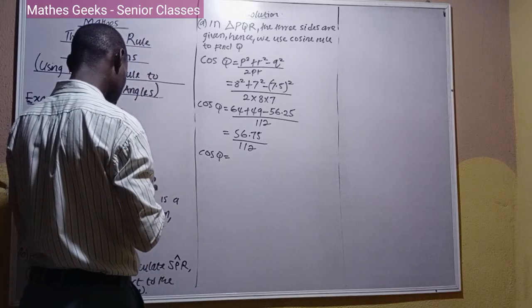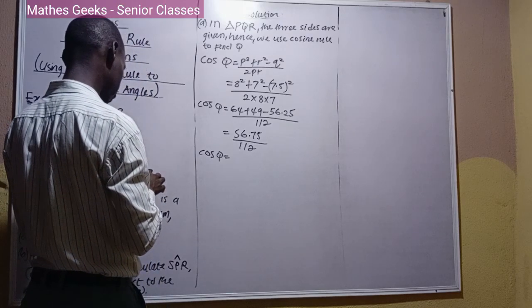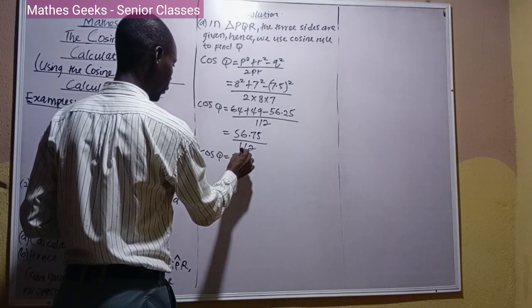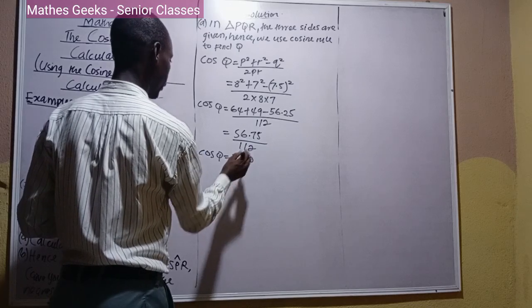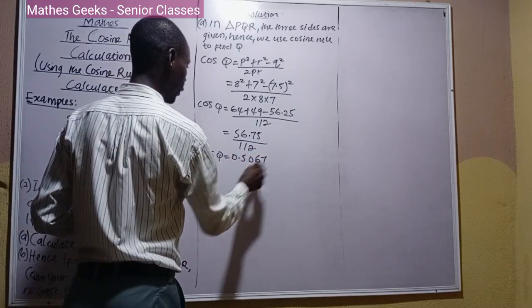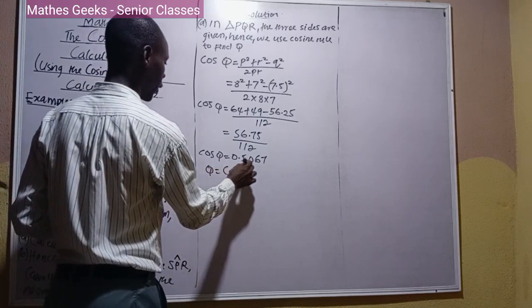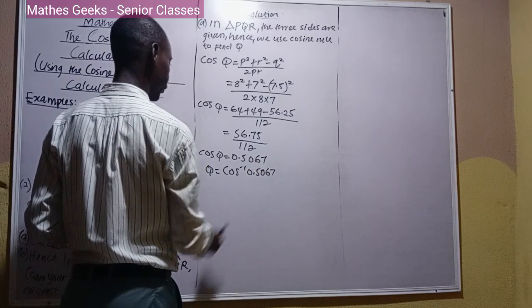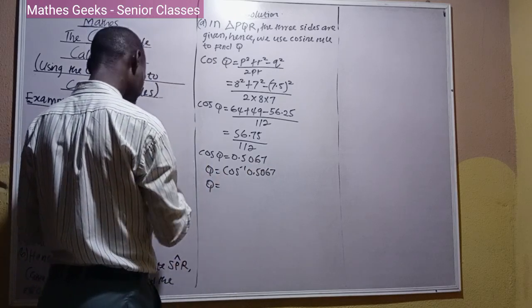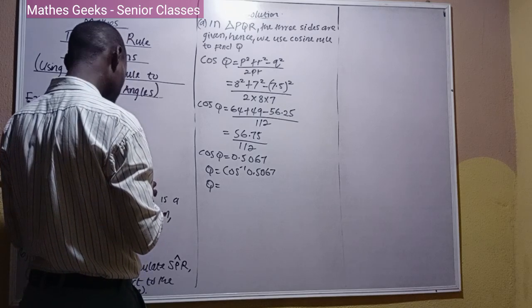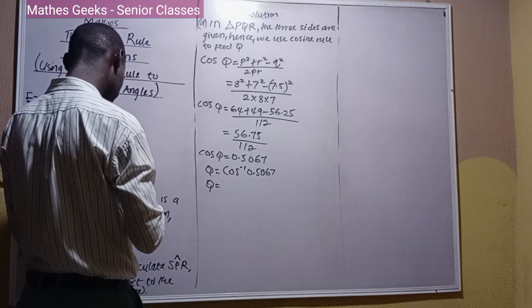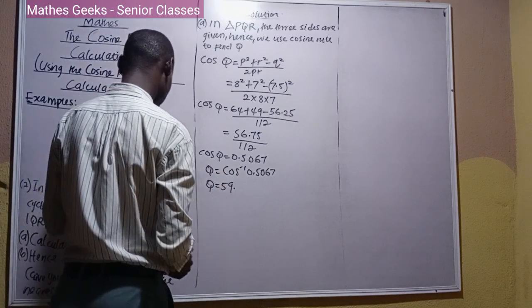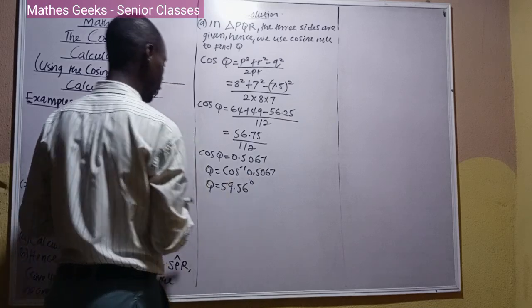So cos Q is equal to 56.75 over 112, that's 0.50667. Q is equal to arc cos 0.50667. So Q is equal to 59.56 degrees.